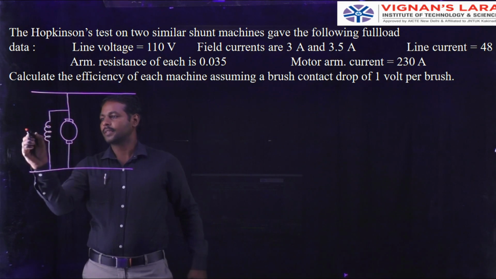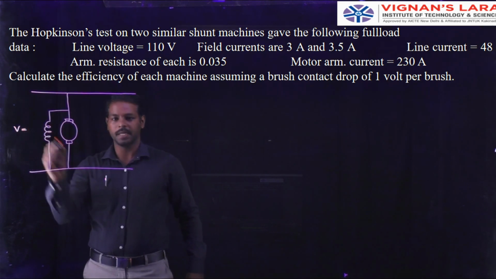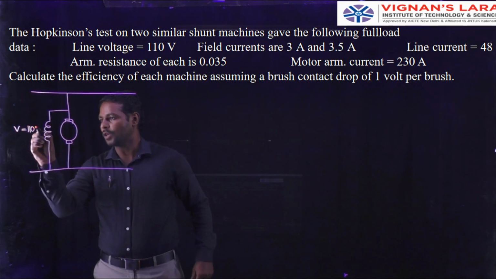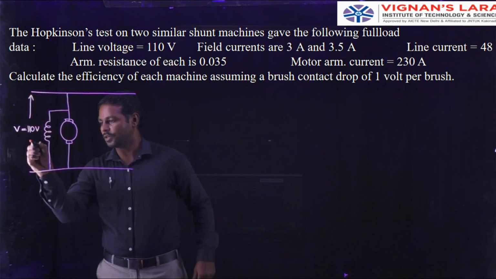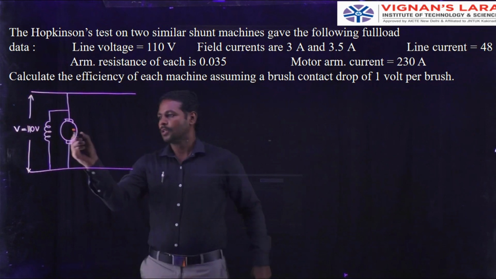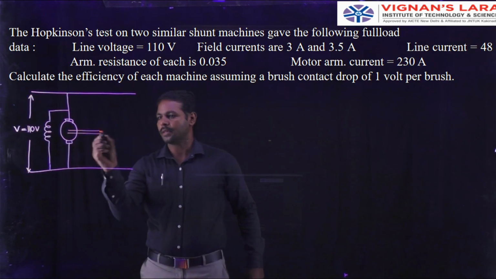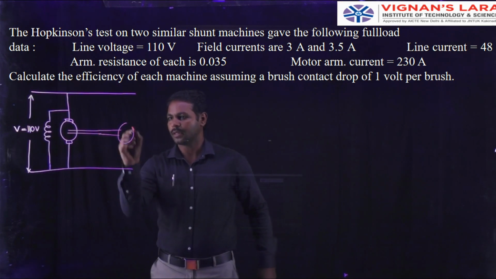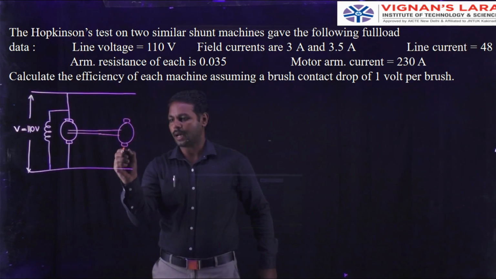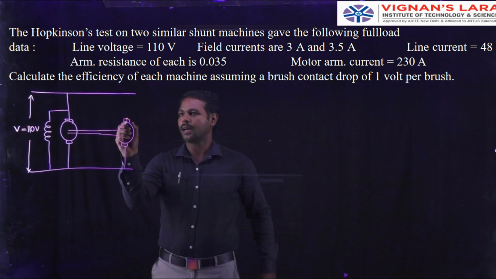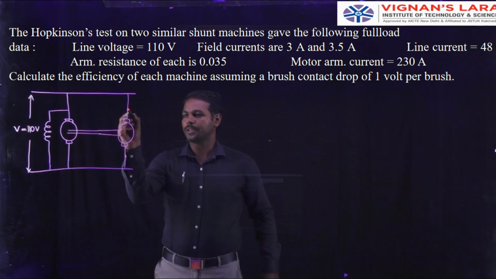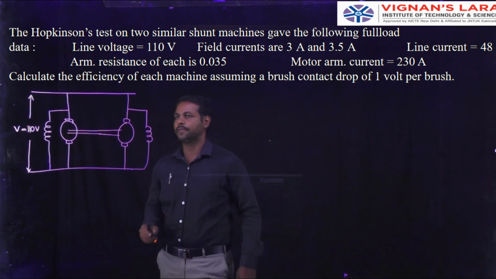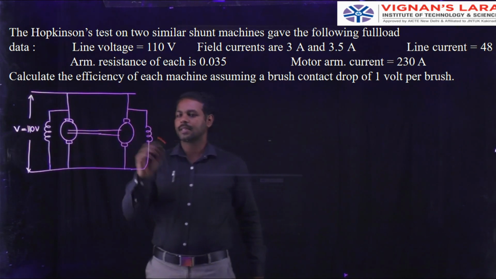Supply voltage V is equal to 110 volts. The motor is directly coupled to the generator armature, which is connected across the field winding of the generator. So this is the circuit diagram.